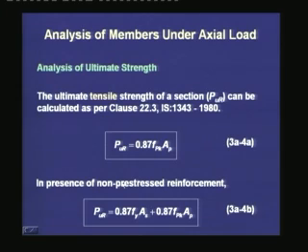If we have non-prestressed reinforcement, then the ultimate tensile strength is given as 0.87 times Fy times AS, which is the area of the non-prestressed reinforcement, plus 0.87 times the characteristic strength times the area of the prestressing tendon. Here 0.87 is the material safety factor, and it is the inverse of 1.15.